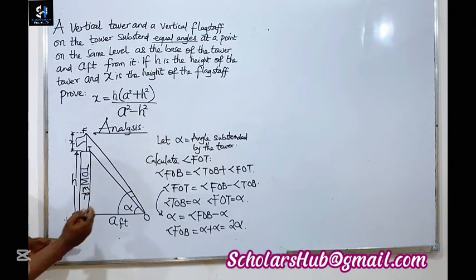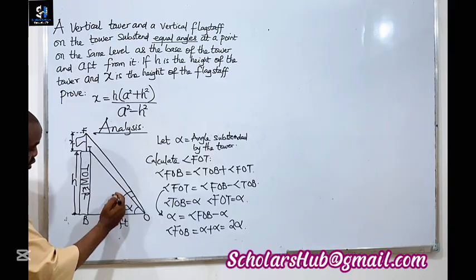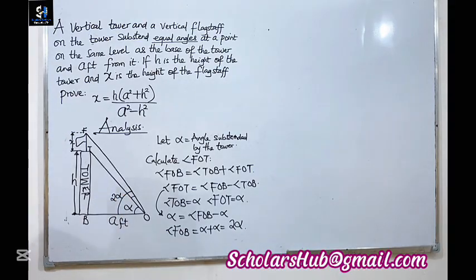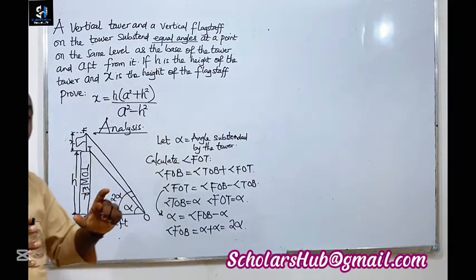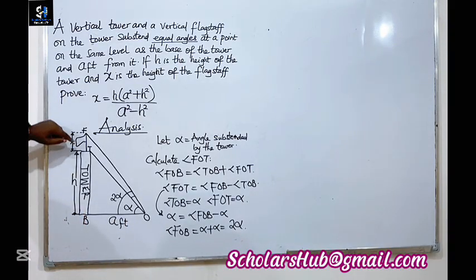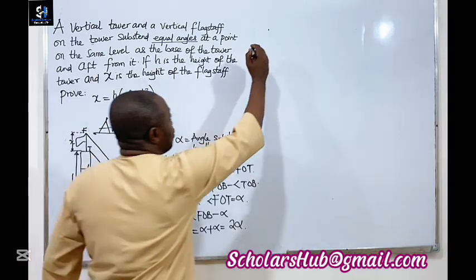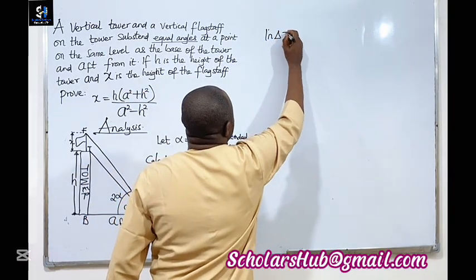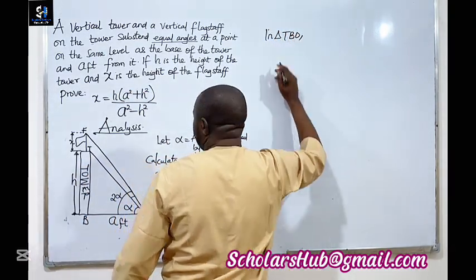Which means the size of this angle will be 2 alpha. So we are going to consider two different triangles. We're going to consider triangle TBO.